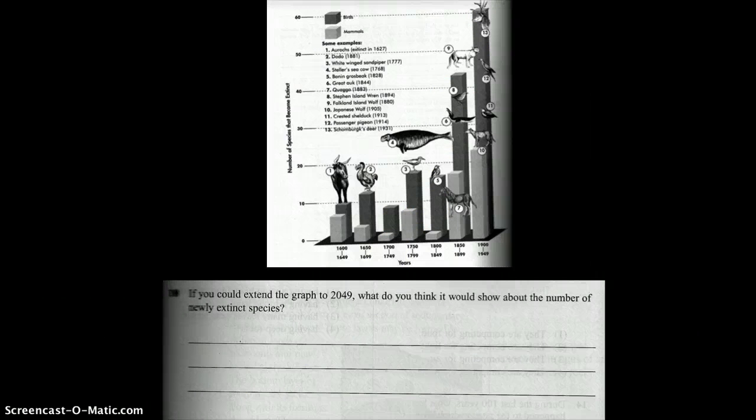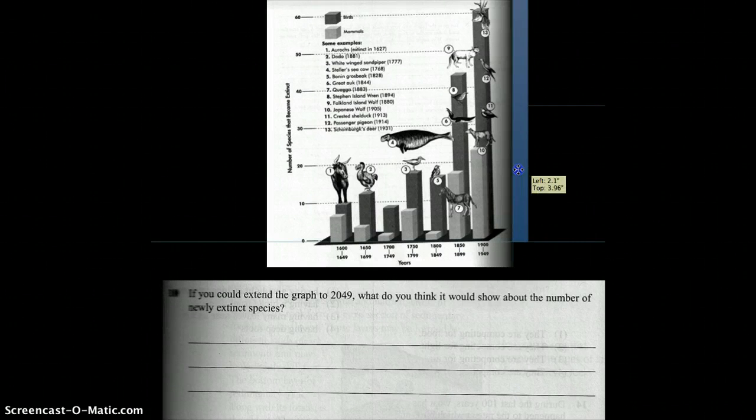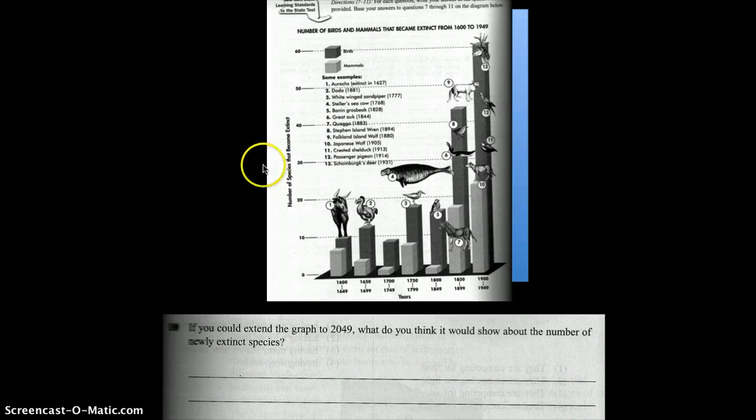Next question. If you could extend the graph to 2049, what do you think would show about the number of newly extinct species? So if this graph were to continue, would it go down? Does that look right? Or would it go up? Well, let's look at the trend.